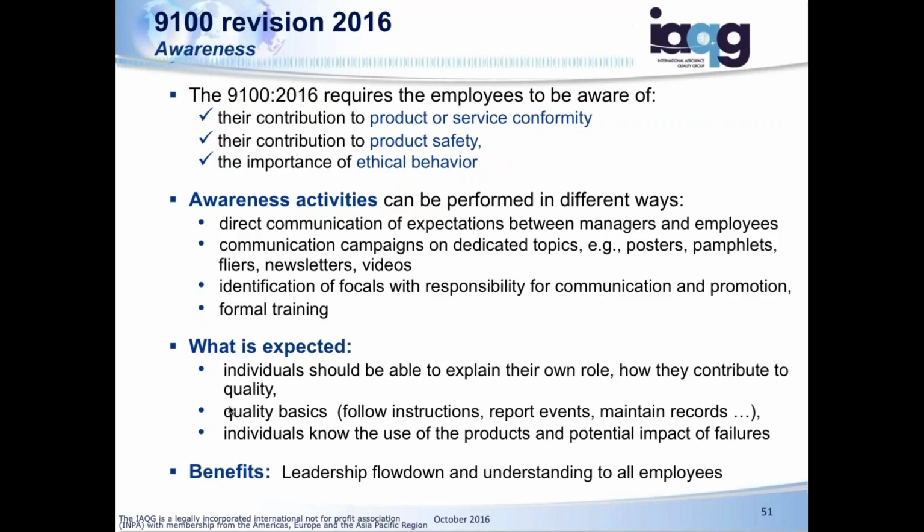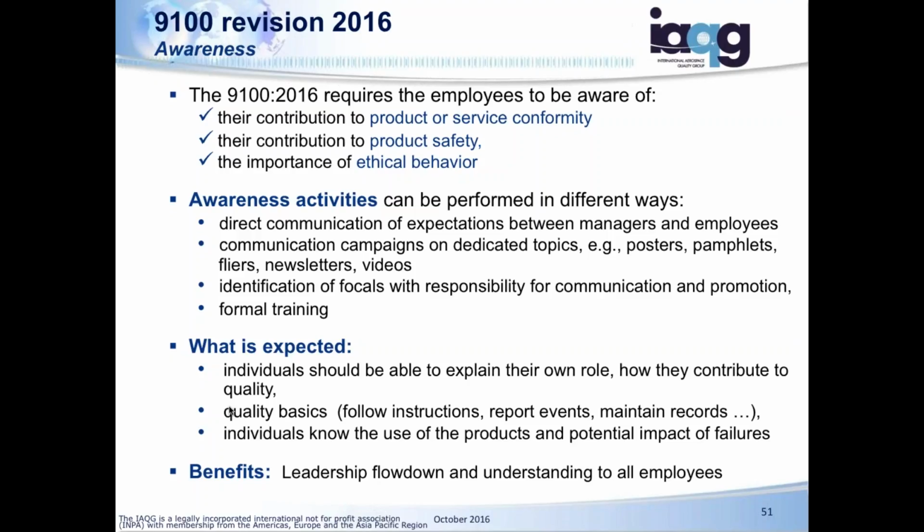So what we're looking for is, when you talk to employees, what do they say about how they contribute to these things? Hey, if I don't build it according to this blueprint, we'll have nonconformity, customer dissatisfaction, we could have product impacts. Ethical behavior, I have a slide coming up on that. That does not necessarily mean I set up an ethics officer.